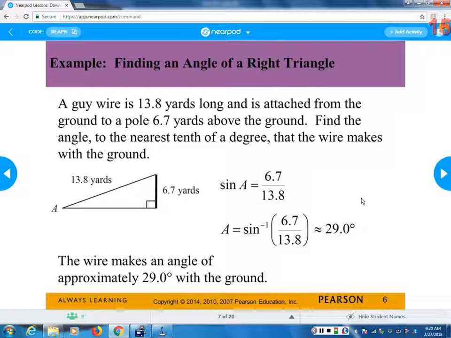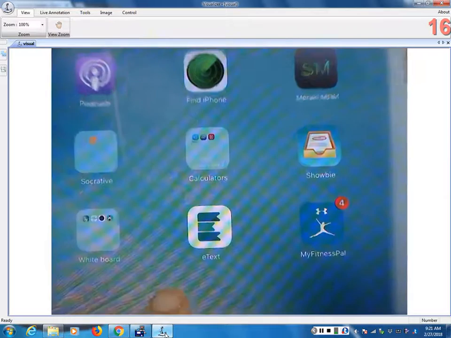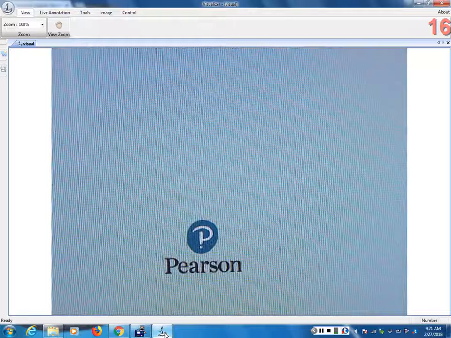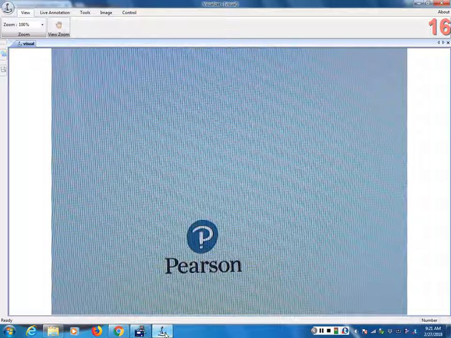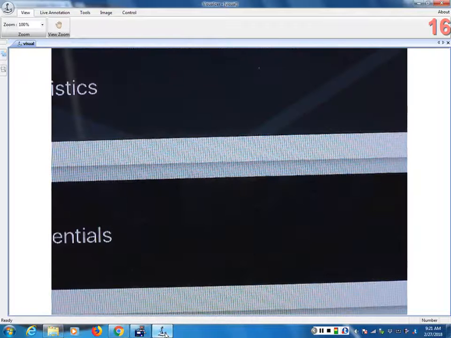The eText app looks like this now. It says eText with these bookmark things on it. And when you go into it, you're supposed to be able to put in your username and password from MyMathLab and see your book.